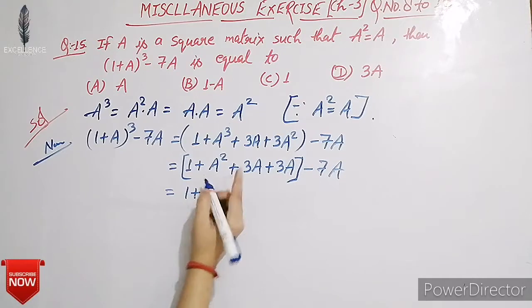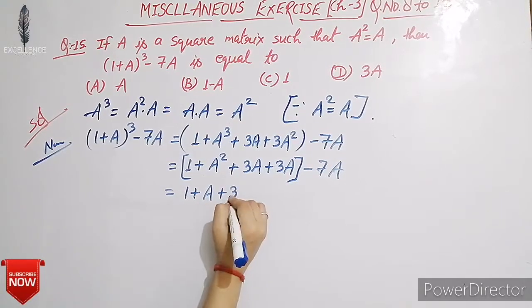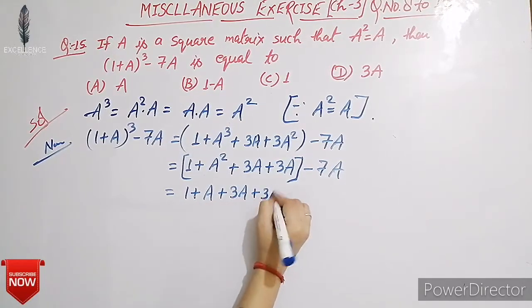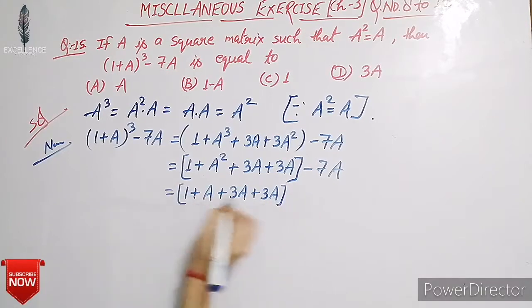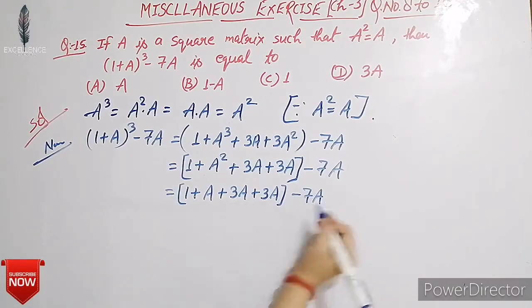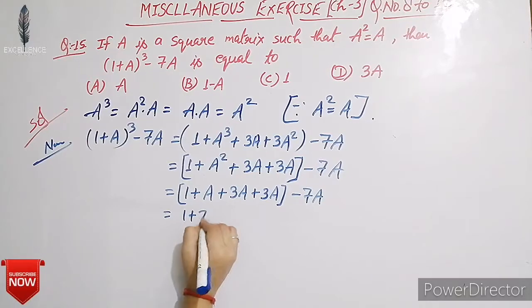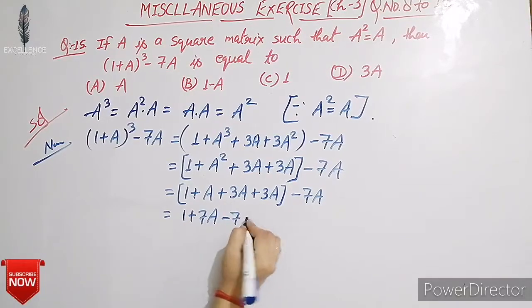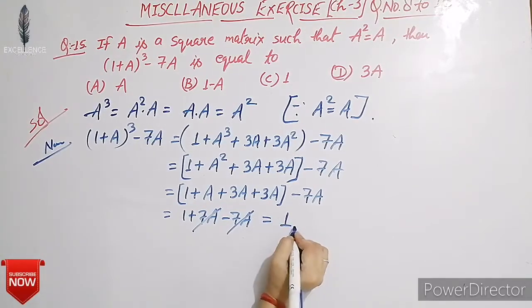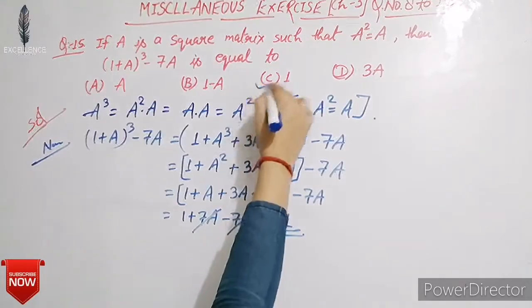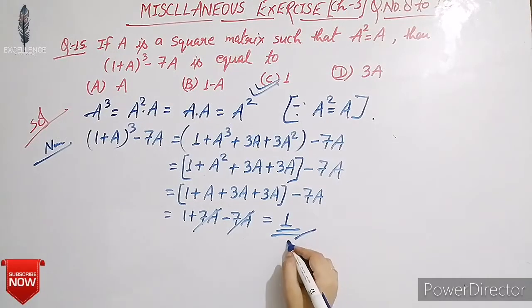Now here 1 plus A plus 3A plus 3A minus 7A is equal to 1 plus 7A minus 7A. 7A cancels, and it is equal to 1. So here option C is the correct answer.